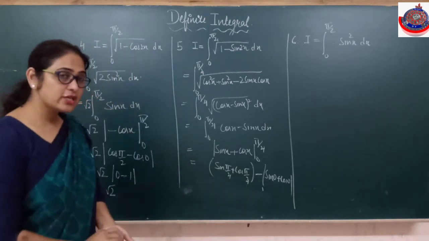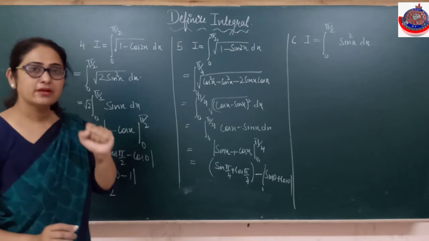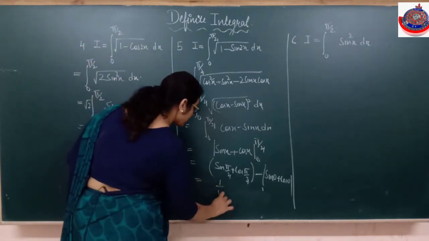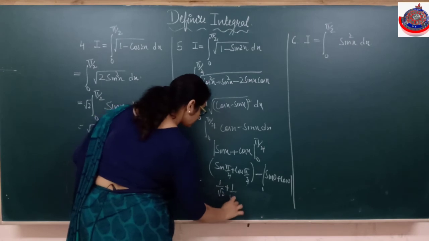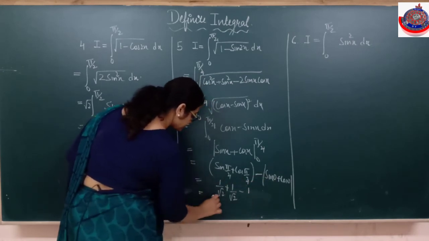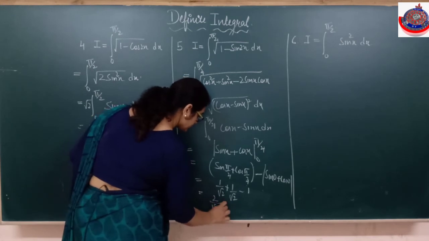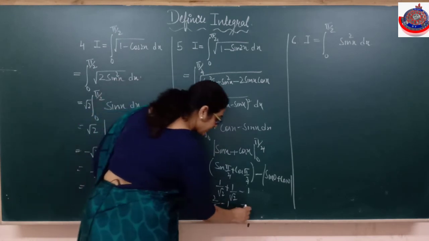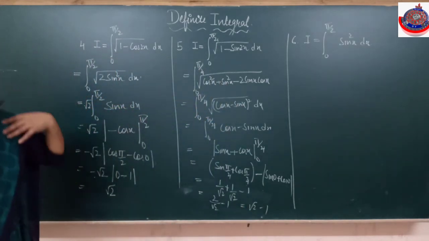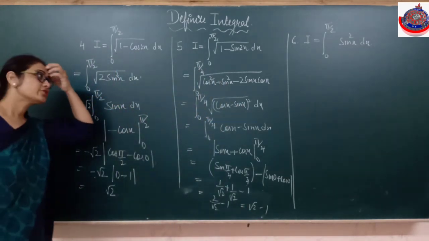And that's 0, which means no area is being formed there. So sine pi by 4 is 1 by root 2. Sine 0 is 0. Cos 0 is 1. We can rationalize, so it will be root 2 minus 1. Is this clear?